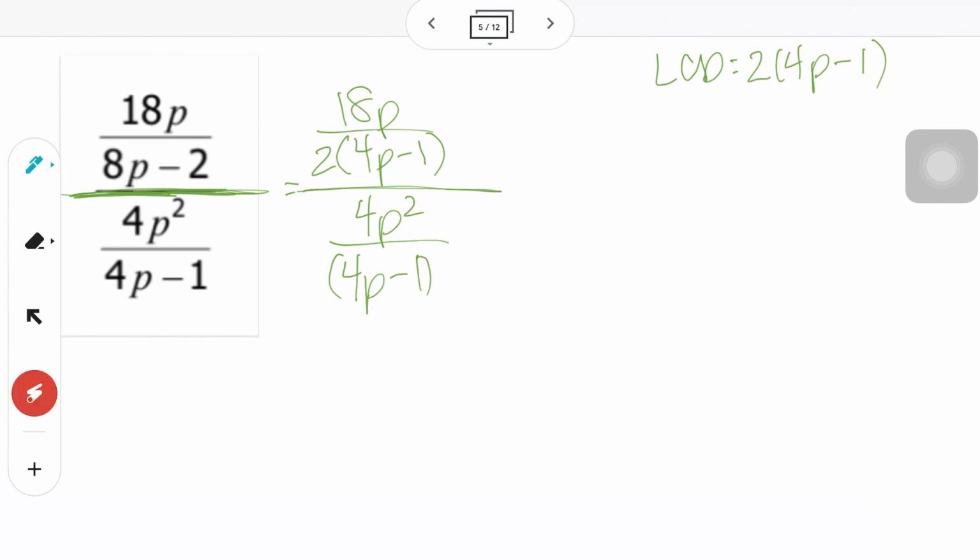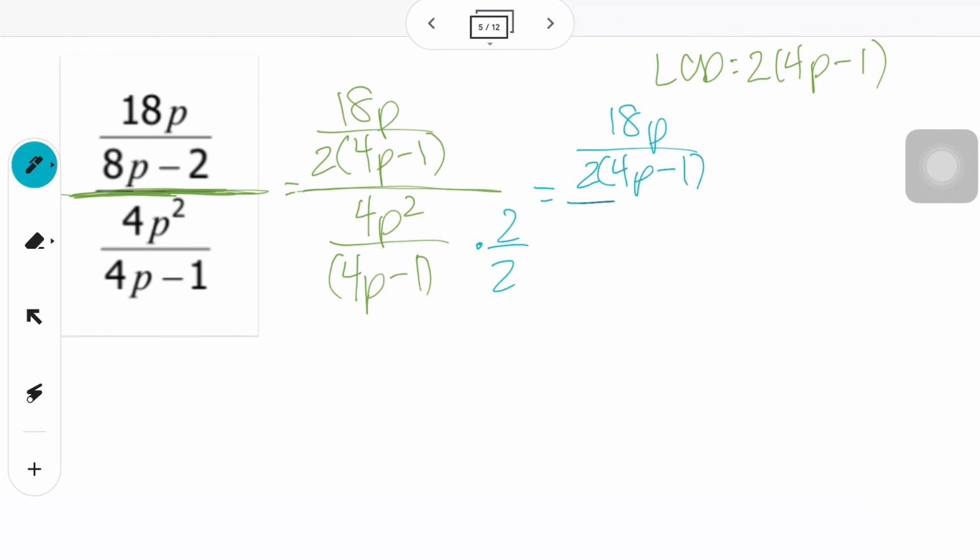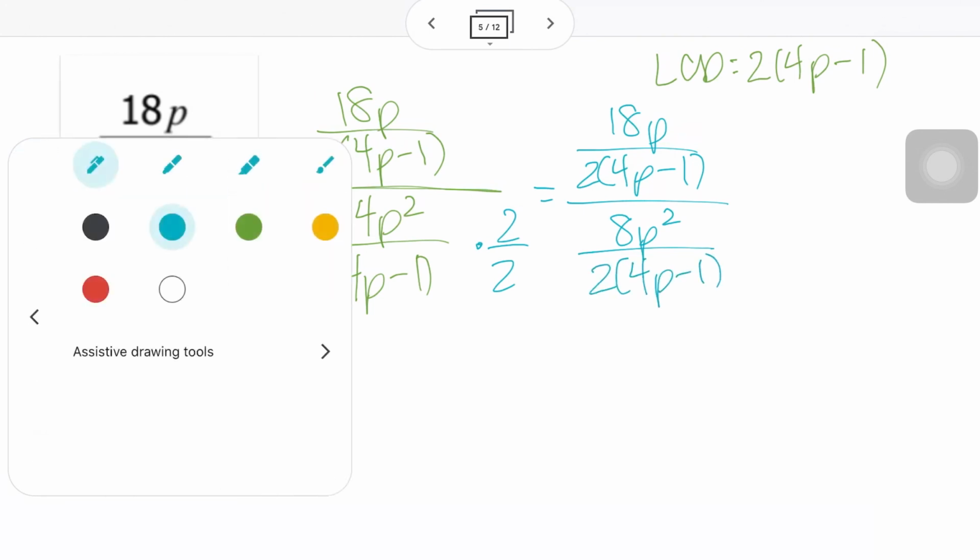Once I figure out what my LCD is, I need to make sure that both denominators are that. I'm going to take this bottom fraction, and it needs the factor of 2. So my top one doesn't change, but my bottom one I multiply by 2, so this will be 8p squared all over 2 times 4p minus 1.